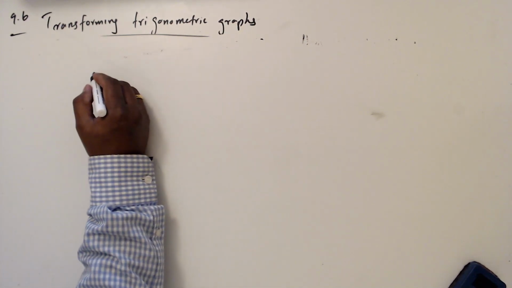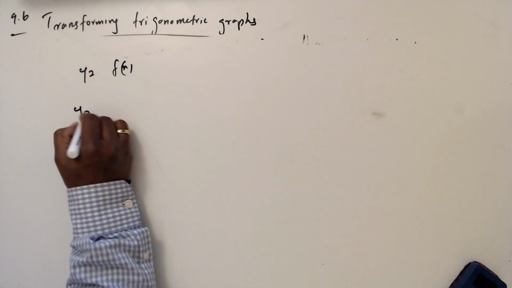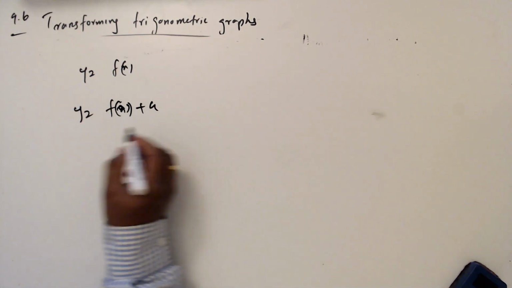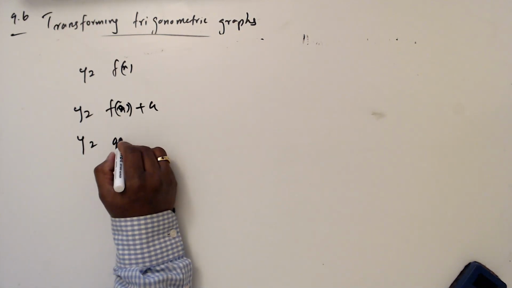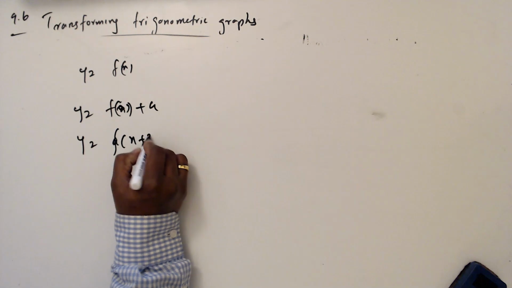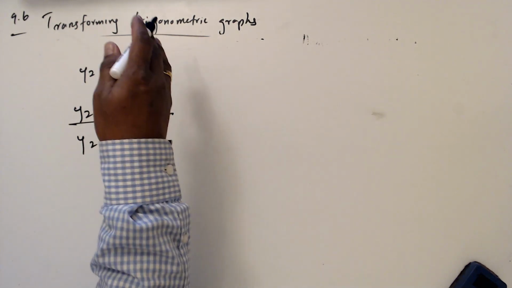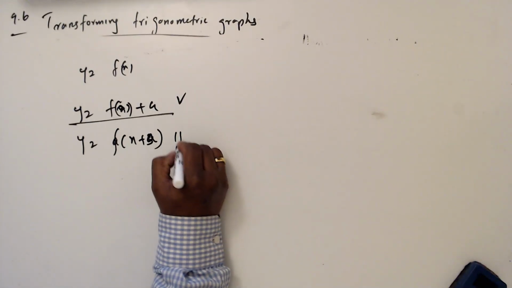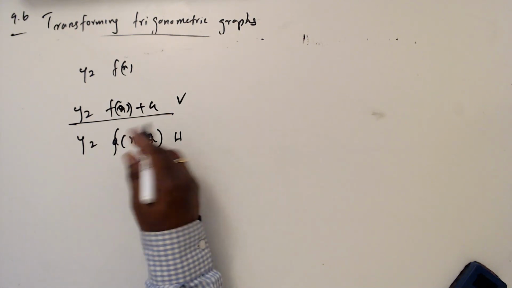Basically, you should have an idea. The graph is the y equals f of x graph. Whether it is in this form or x plus a, this is a vertical movement. This is a horizontal translation.